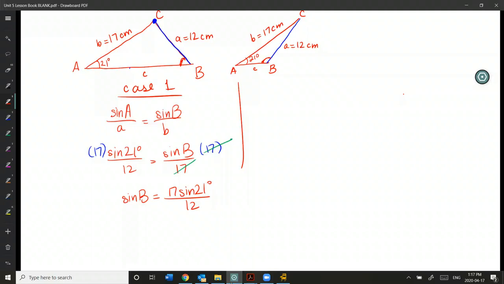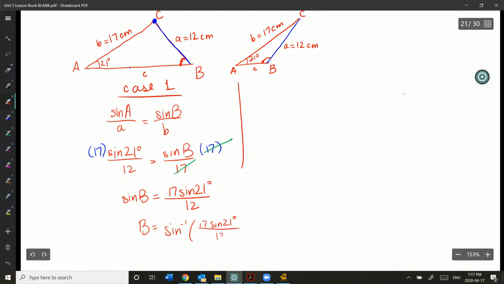And you should get something that's around 0.507687. Okay, now leave this in your calculator. We don't need to write it on here because we're just going to leave this value right in our calculator, and we're going to do sine inverse of that answer that we got from plugging in 17 sine 21 over 12.